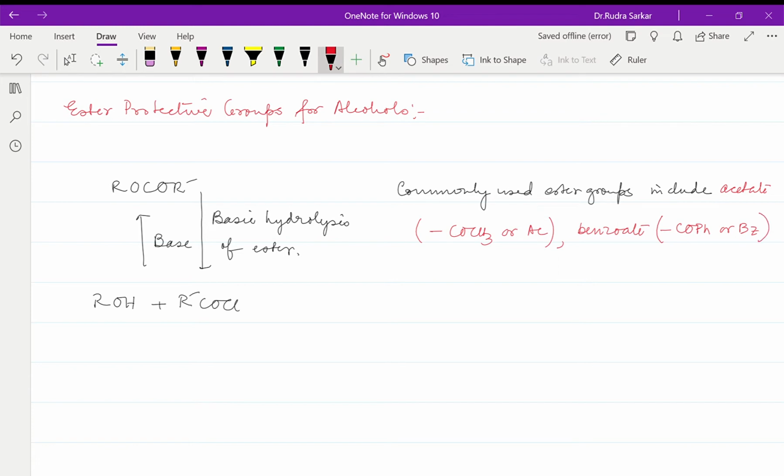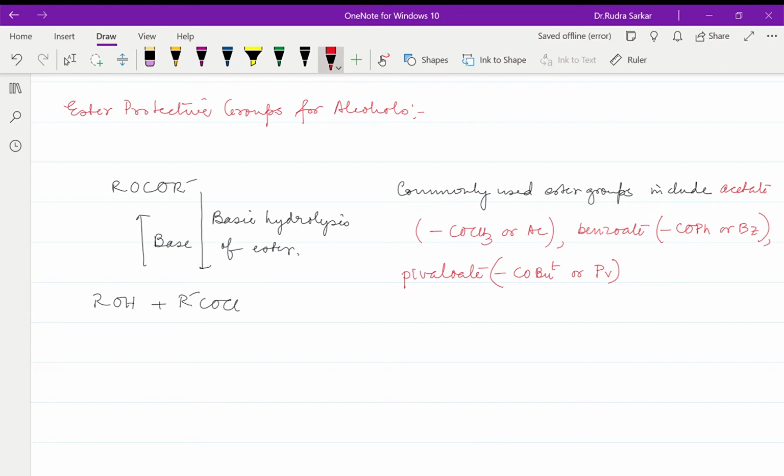One may also use pivaloate, which is basically COtBu, that is the tertiary butyl group, also abbreviated as Pv.